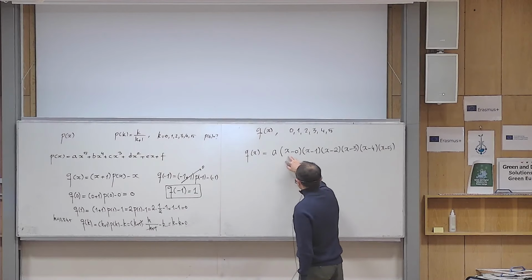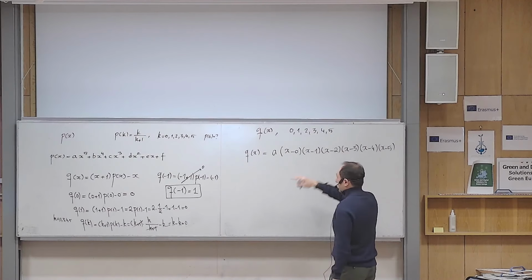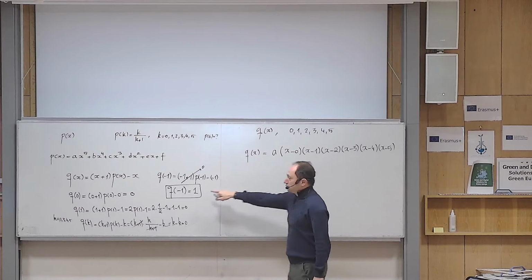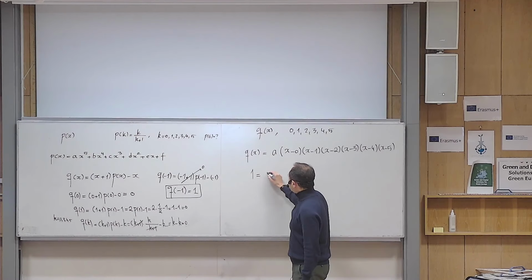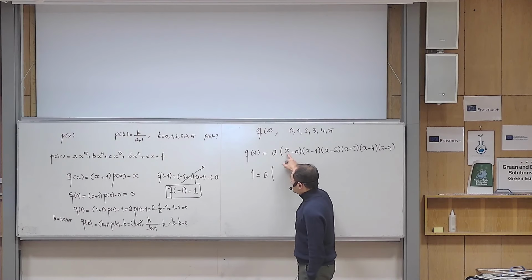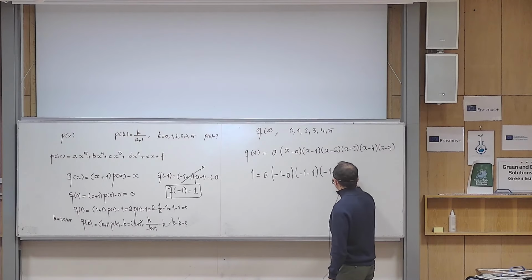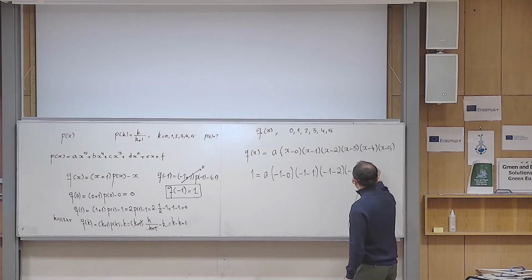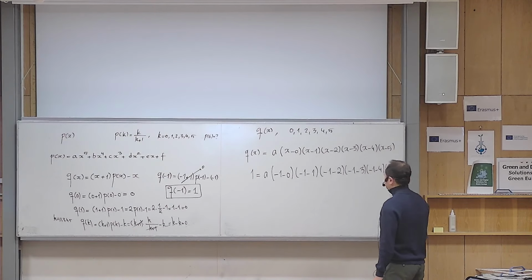What does it mean? It means that if I go back to my q of x and replace every x with minus 1, the output is supposed to be 1. So instead of the output, I put 1 here, and instead of x, I put minus 1, minus 0, minus 1, minus 1, minus 1, minus 2, minus 1, minus 3, minus 1, minus 4, and minus 1, minus 5.